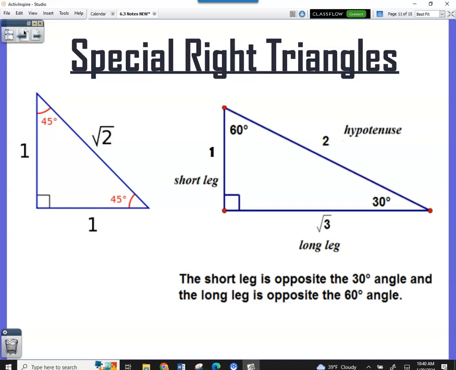You shouldn't have a problem memorizing the 45, 45, 90. It's 1, 1, root 2. Can't mess that up. This one's the one that's a little challenging. First of all, just know the numbers you're working with. You got 1, 2, root 3, okay? Remember that the hypotenuse has to be the longest.